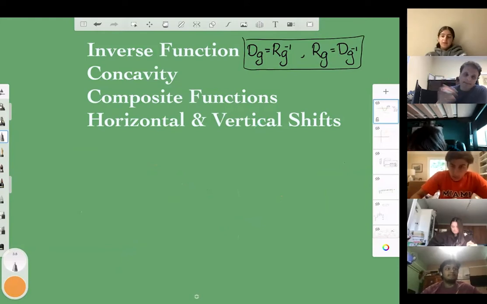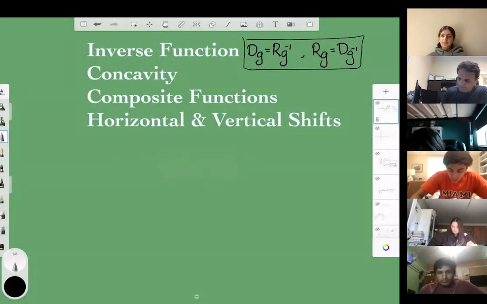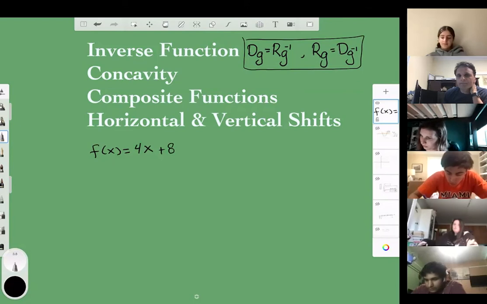Now let's make a little spice here. F of x equal to 4x plus 8. All right. My question is, what is f inverse of x?